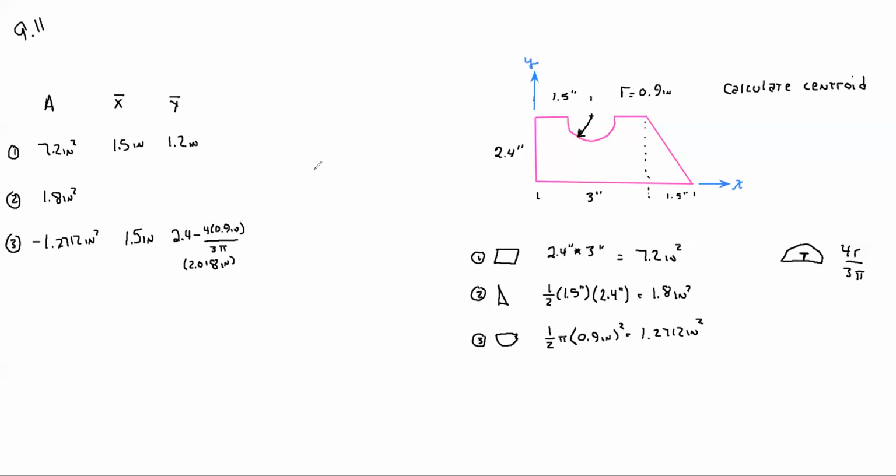Okay. All right, triangle. Looking at our chart, the x bar for the triangle is the base divided by 3. So it's 3 inches plus 1.5 over 3, and that's equal to 3.5 inches.